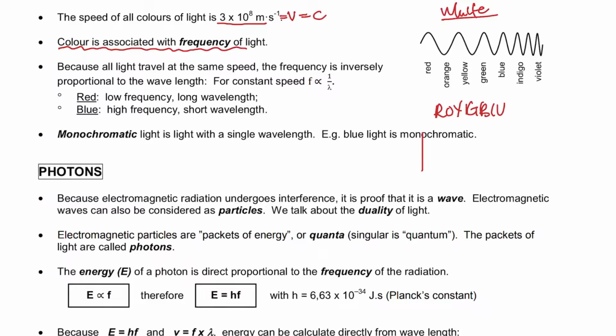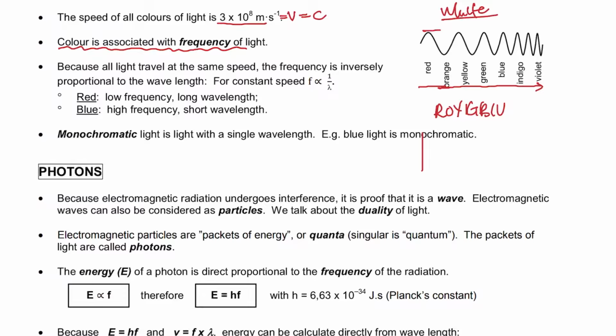As you can see there, red has a lower frequency, orange has a bigger frequency, so the frequency is increasing as you go that way. You can see it even from the wave nature there. And if they have different frequencies, that means they have different energies, right? So the greater the frequency, the greater the energy.